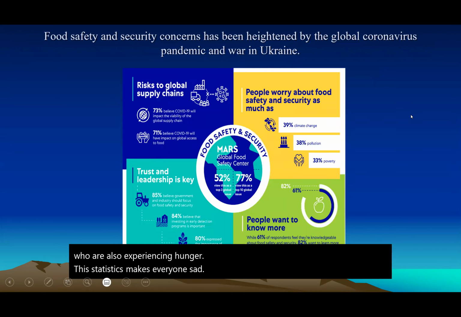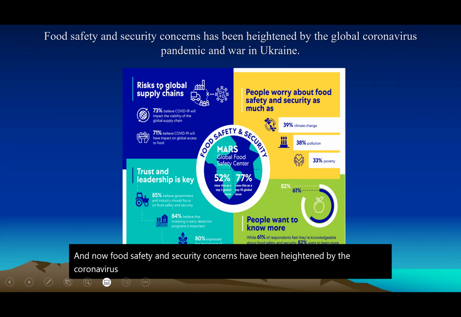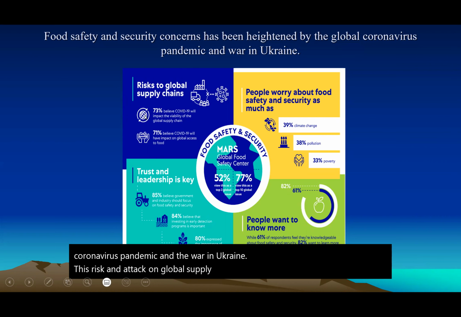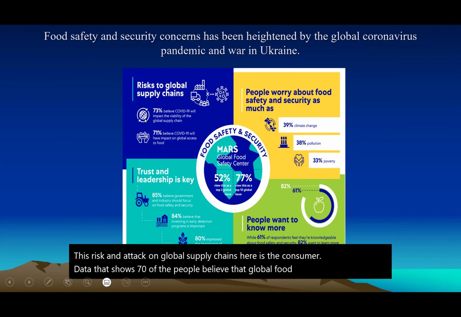And now food safety and security concerns have been heightened by the coronavirus pandemic and the war in Ukraine. This risks an attack on the global supply chains. Here is the consumer data that shows 70% of the people believe that our global food supply chain will be affected.